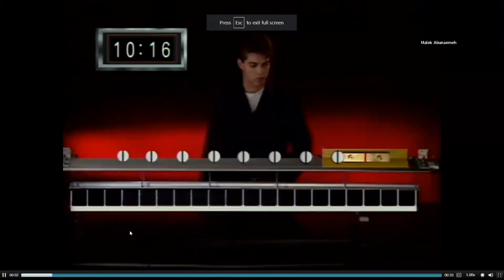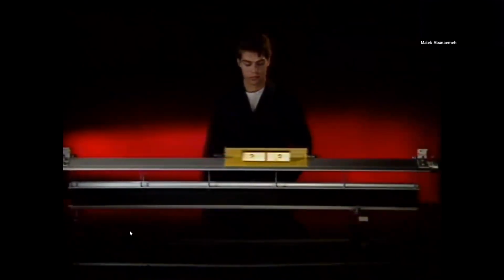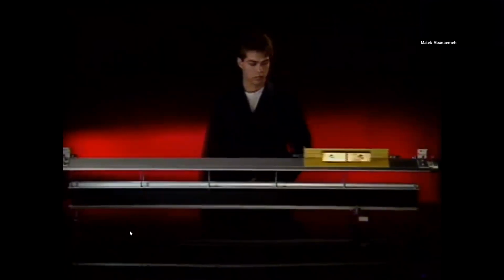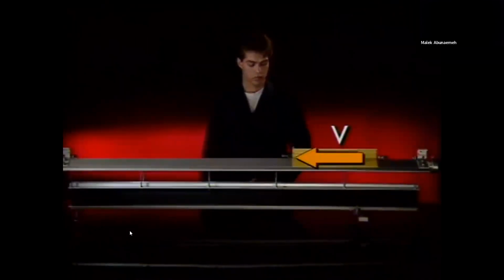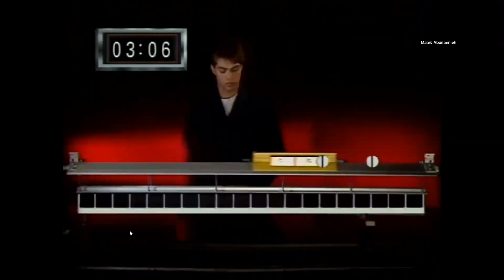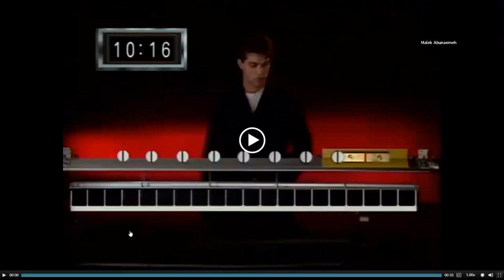Since the spacing between dots is the same, the spacing between the glider positions stays the same.